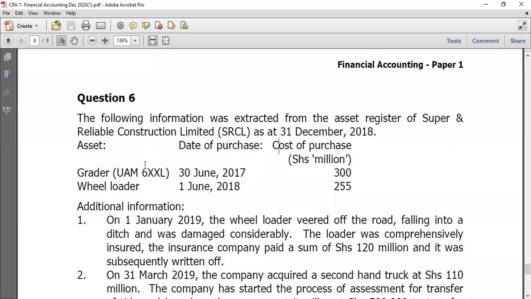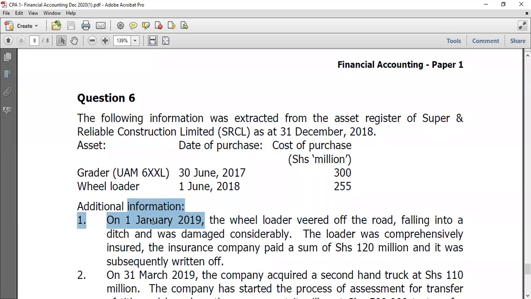We have a grader, UAM 6XXL, purchased on 30th June 2017, worth 300 million. We also have a wheel loader purchased a year later, 1st June 2018, worth 255 million.